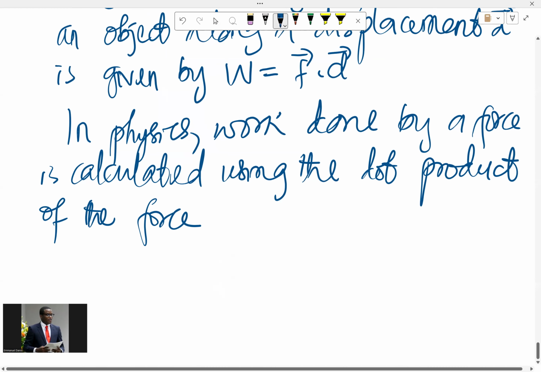The only way you can get a scalar from two vectors is by taking their dot product. So we use the dot product of the force and displacement vectors.